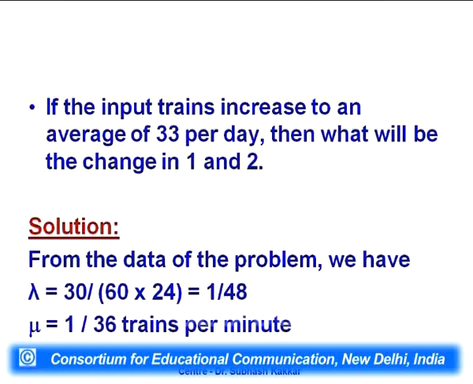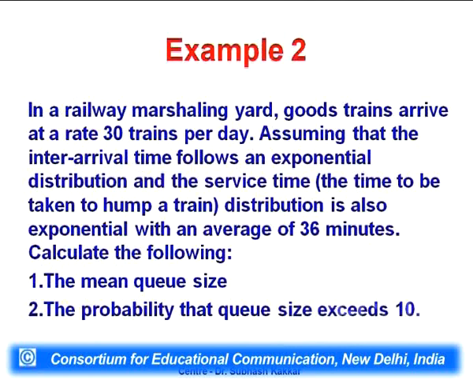Solution: from the data of the problem we have lambda is 30 divided by 60 into 24, because it is on a daily basis. So, 1 by 48 is the lambda, and similarly mu is 1 by 36 per minute. If we go back to the statement of the problem, it takes an average of 36 minutes.